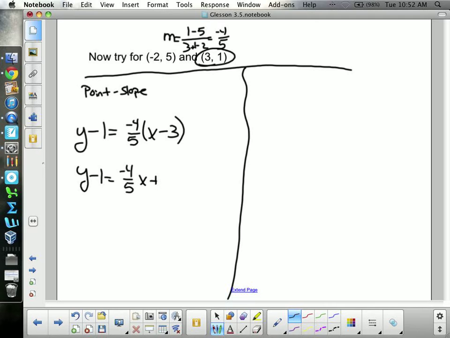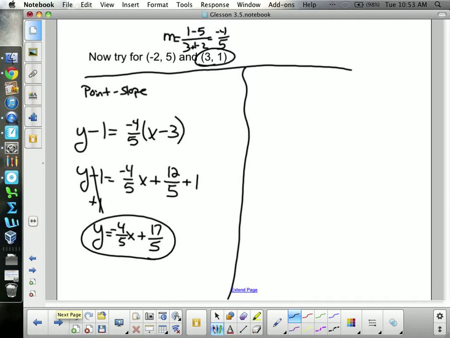A negative times a negative is a positive. So I'm going to add 1 to each side. So y equals negative 4/5 x plus 12/5 plus 5/5, which is 17/5. There's the equation of the line.